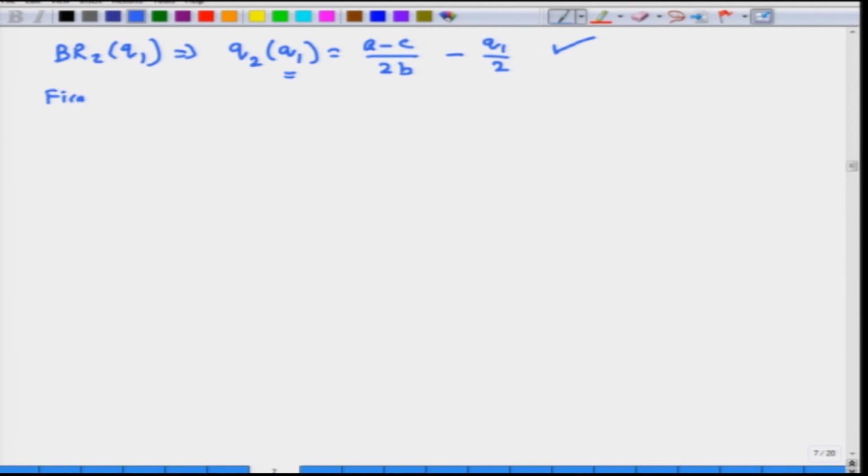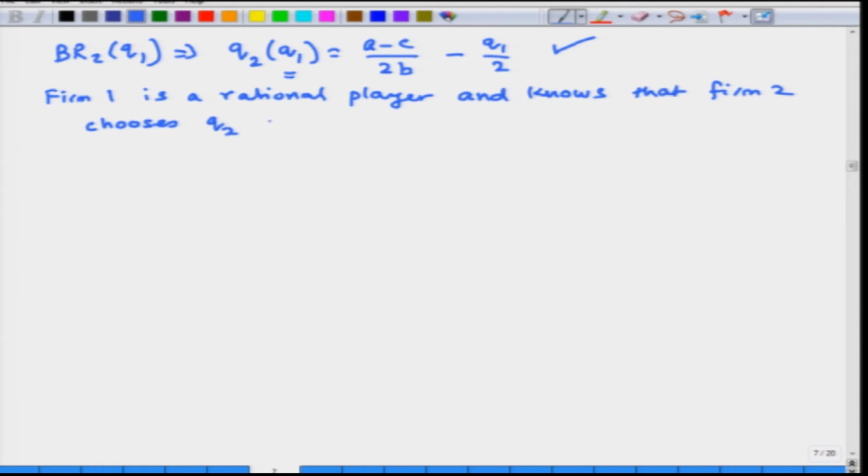So, firm 1 is a rational player and knows that firm 2 chooses Q2 based on its best response function, right. So, essentially now firm 1 is asking what is the best possible Q1 that I can choose.